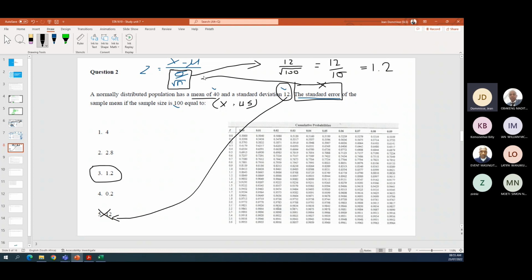We only need to work out that bottom part, and that's it. We don't need to work out anything else. So you can see even when I started, I included the table, but for this question, not needed at all. Okay, so just standard error, only referring to that bottom numbers that you need to look for.